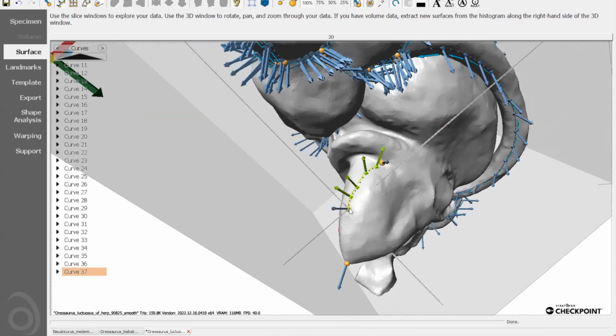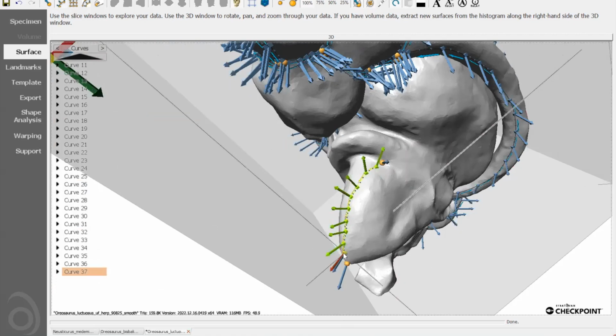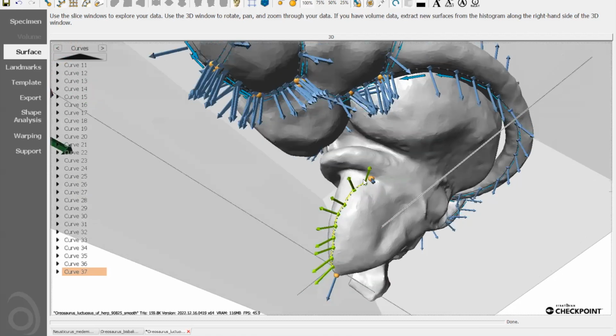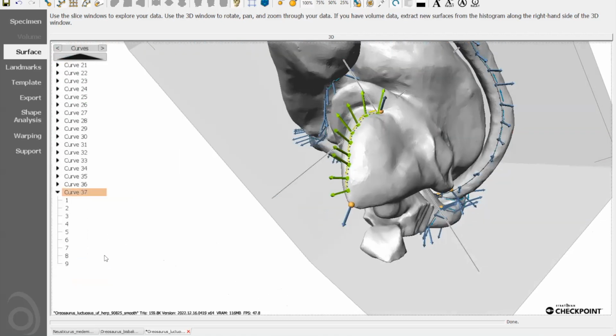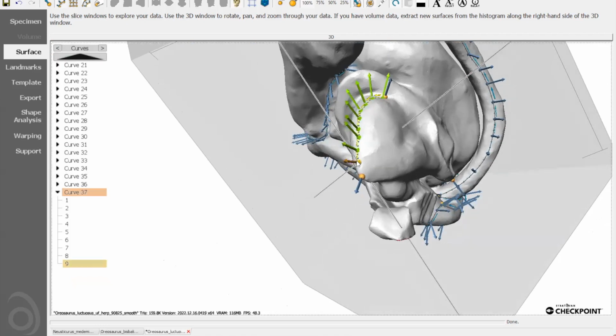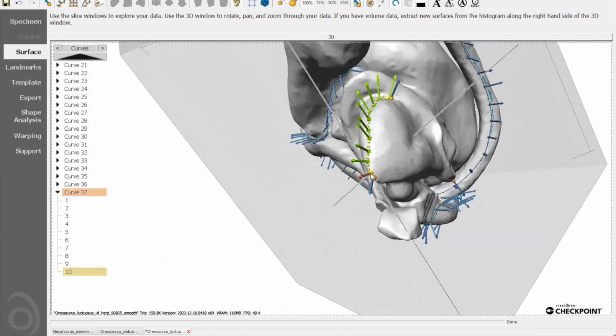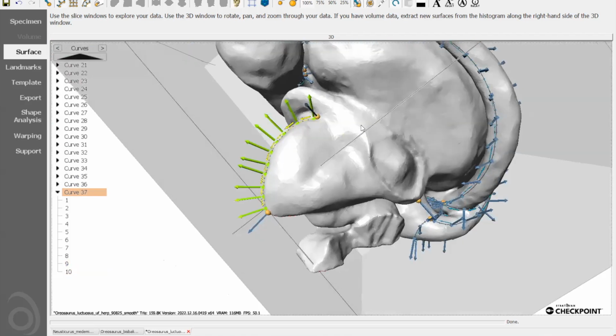Super cool. And here, for example, this curve has 10 semi-landmarks, like this.